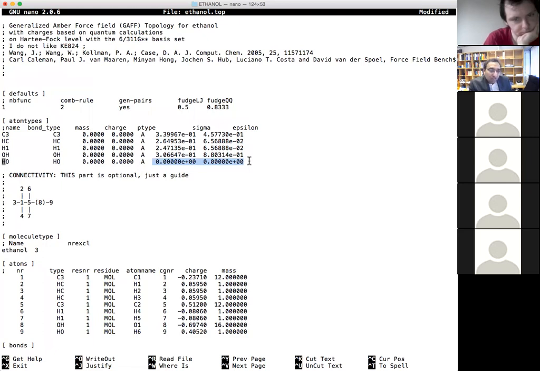I only noticed this today when I was talking to you. Okay. What this essentially means is that this hydrogen atom will not have any van der Waals interaction with anything else. Correct? Why this is the case, I don't know. I will come back to that. Any other questions? And I should write that down or I'll forget.